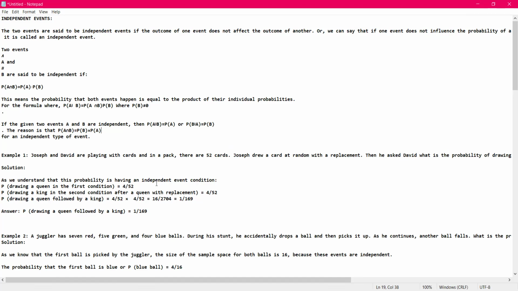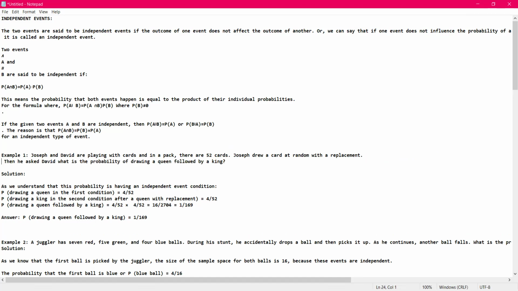It means after picking a card, he is replacing it. So that is the replacement. And after that, he asked David, what is the probability of drawing a queen followed by a king?